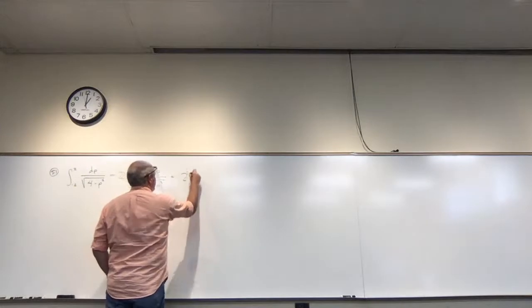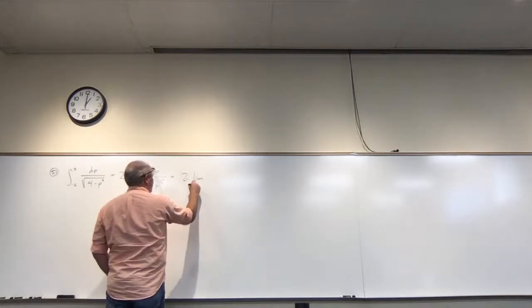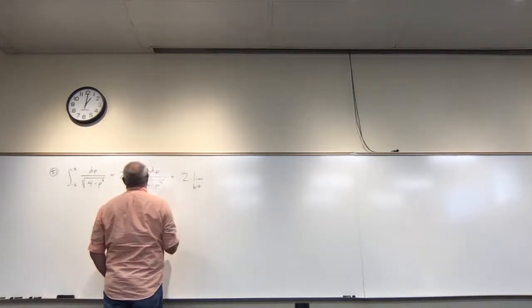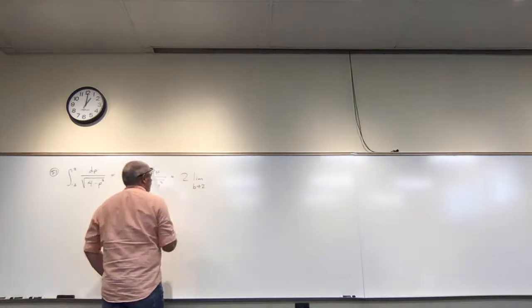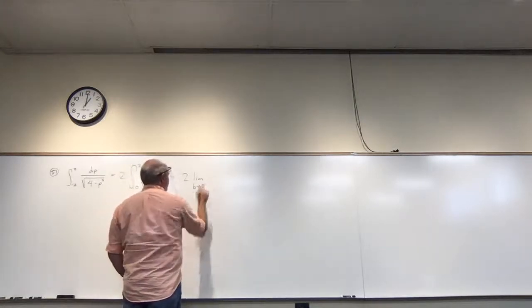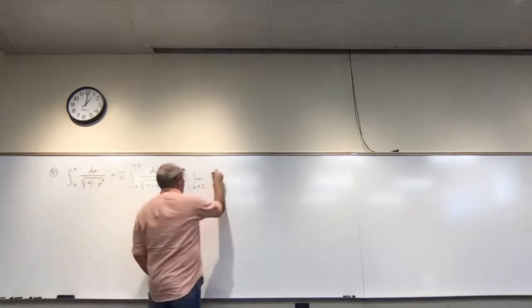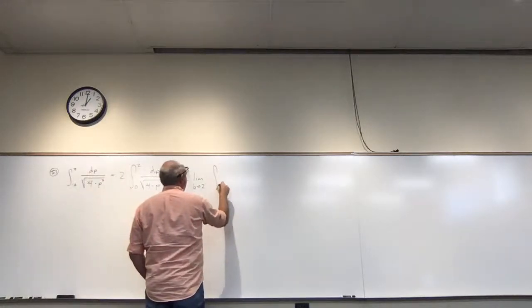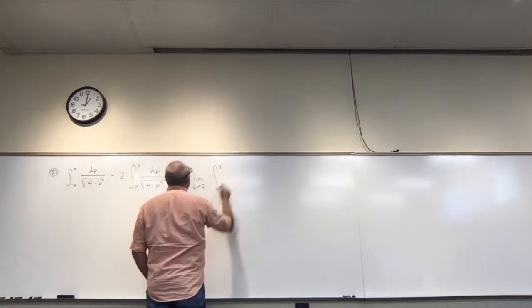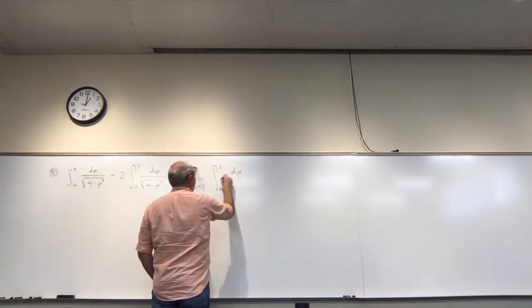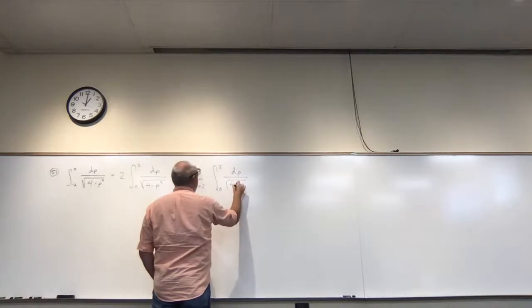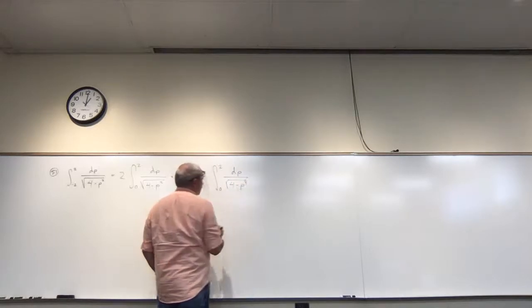So this is 2 times the limit as b goes to 2 from the left of the integral from 0 to b of dp over square root 4 minus p squared.